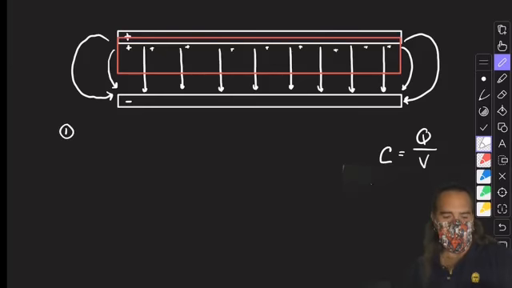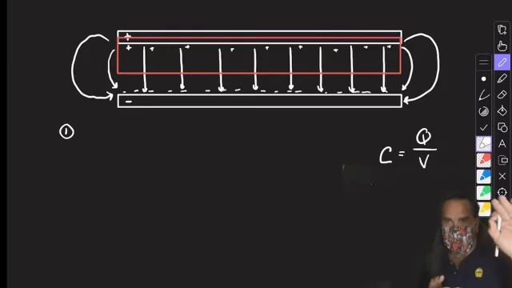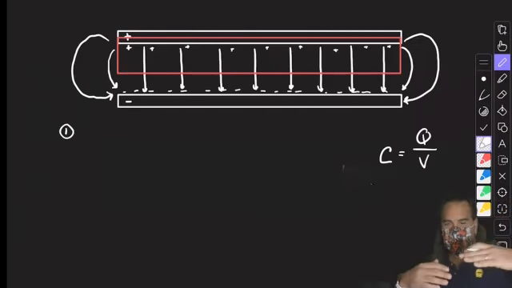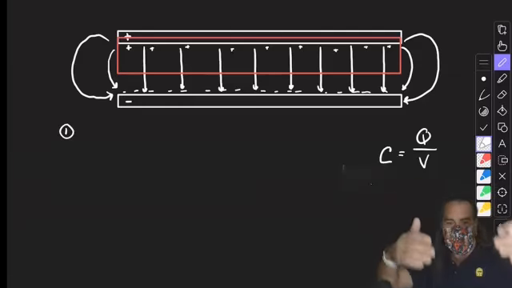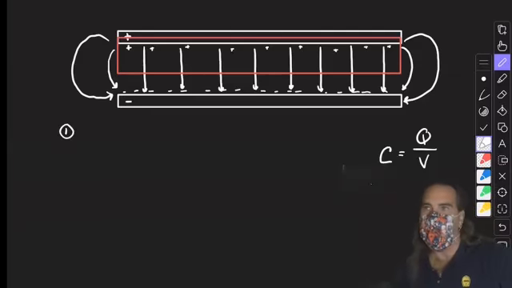It's being attracted to all the negatives that are on the bottom surface. So since our conductor has some kind of thickness, the inside's positive and the top part is negative, and that's going to be the opposite for the bottom plate. Fair enough? Any question about that?